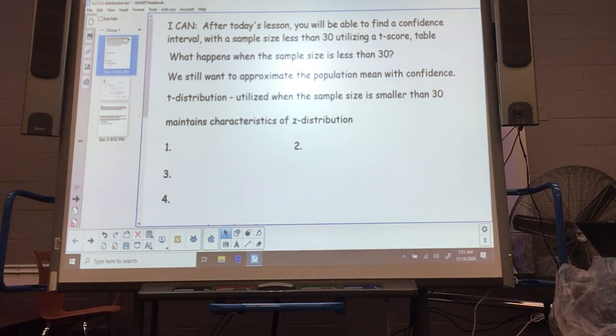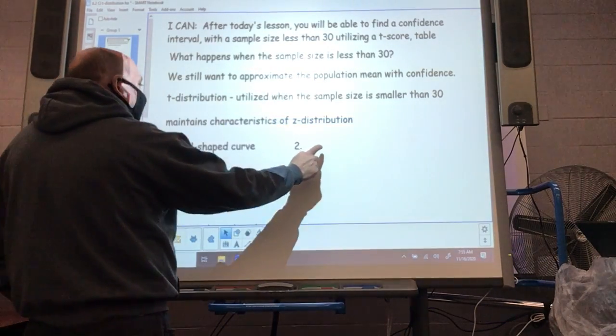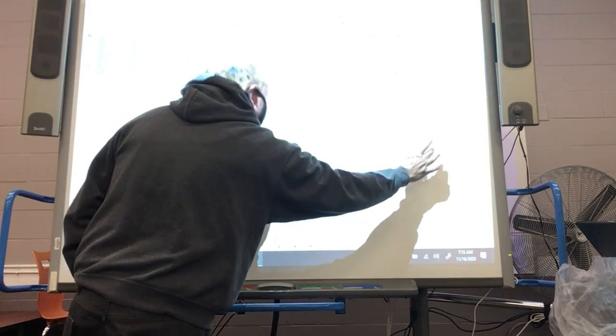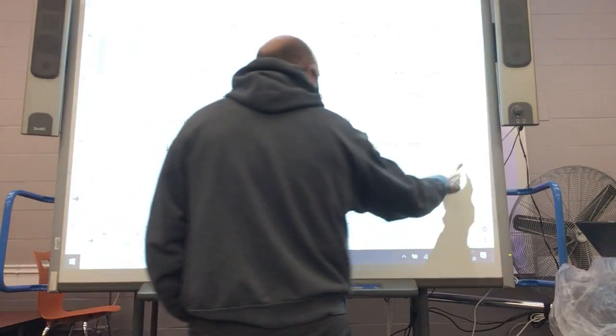Okay, we still maintain characteristics of a T or Z distribution. We maintain it's still a bell-shaped curve. We're symmetric about the mean.